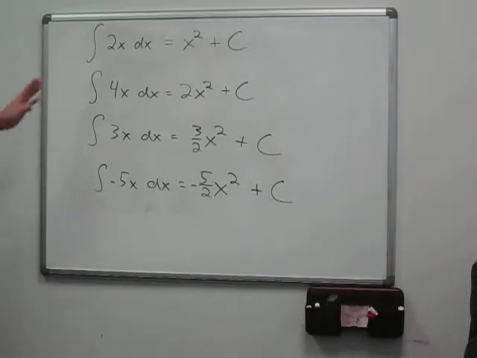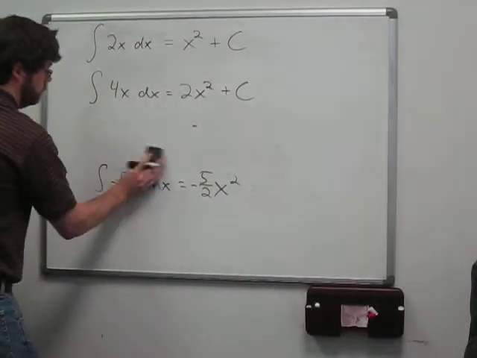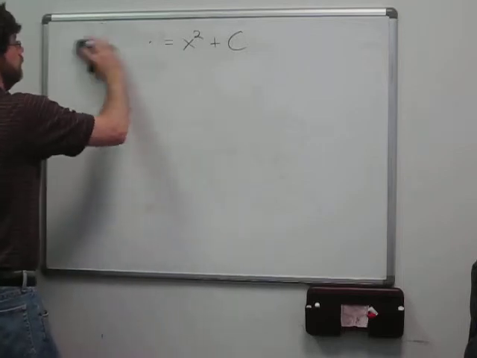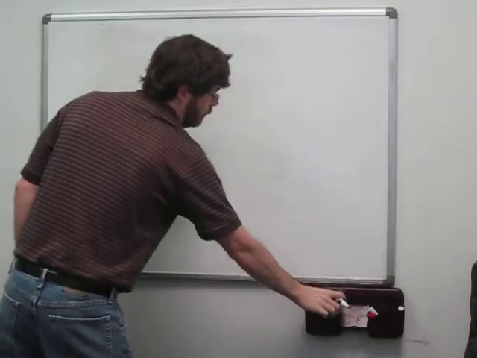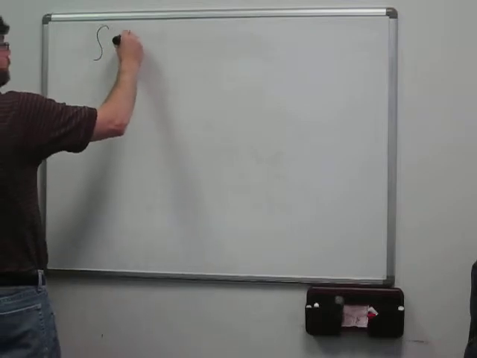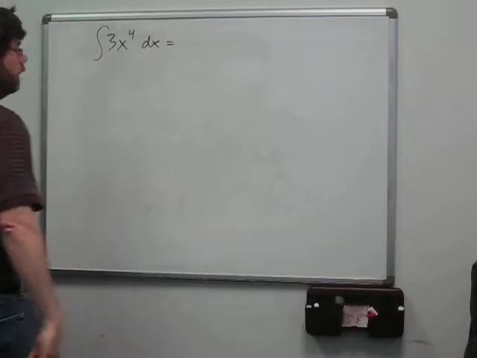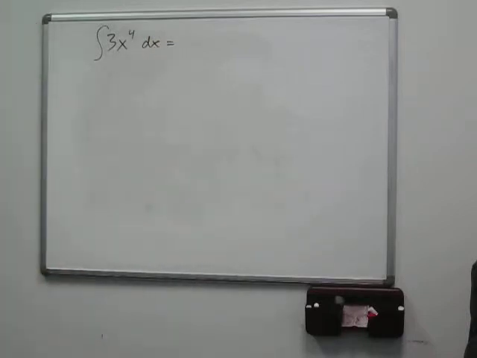So this is kind of a natural justification for the following thought process. If I want to find the antiderivatives of something like 3x to the fourth, I just want to reverse my derivative process.